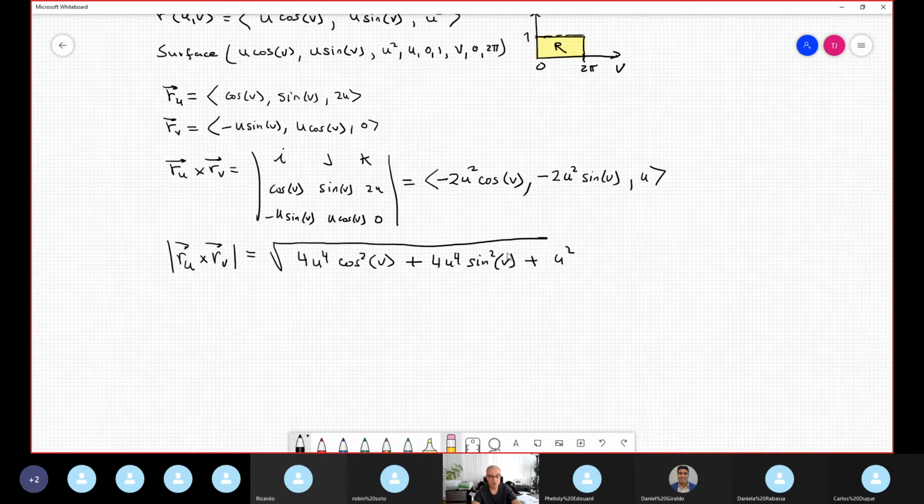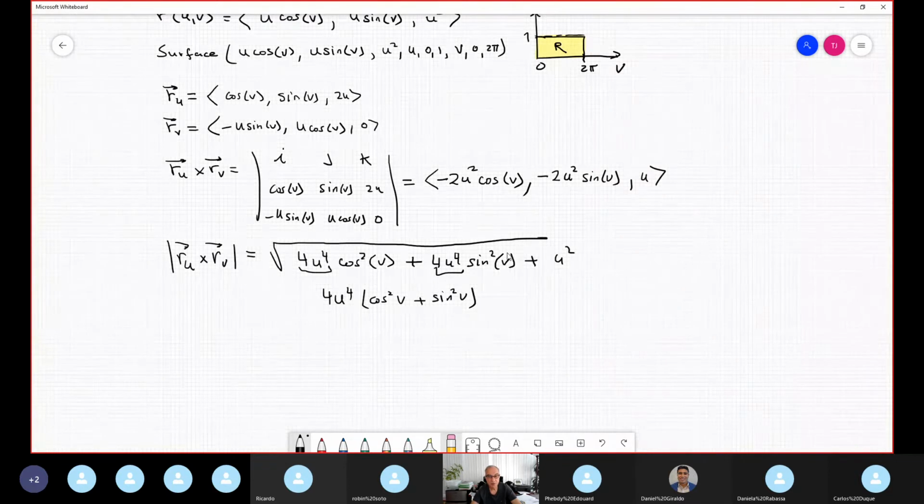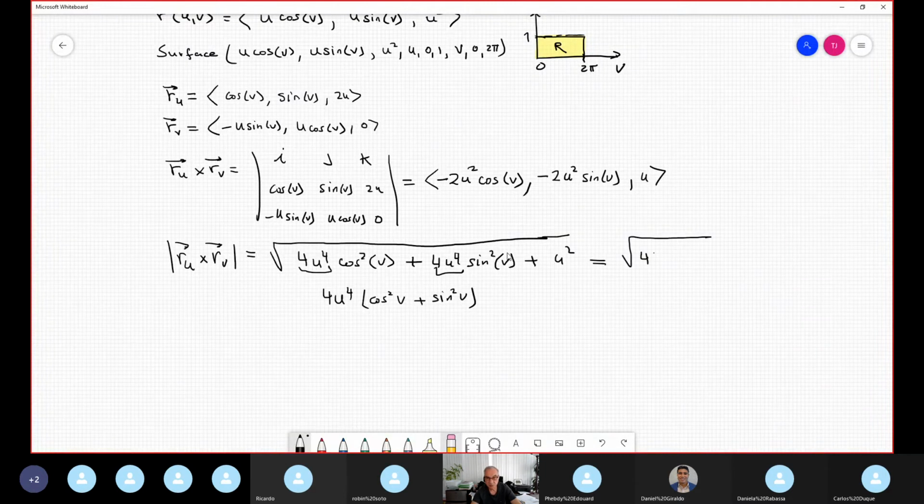Well, I can see that 4u to the 4 power is a common factor. I factor it out. So we have cosine square b plus sine square b, that is one. The b is gone. So my big square root is now reduced to 4u to the 4 power plus u square. And leave it like that?